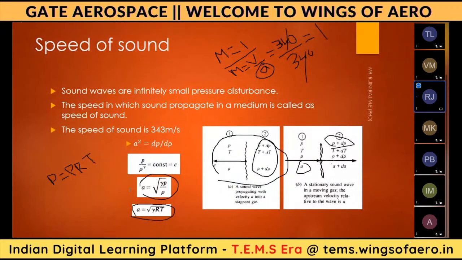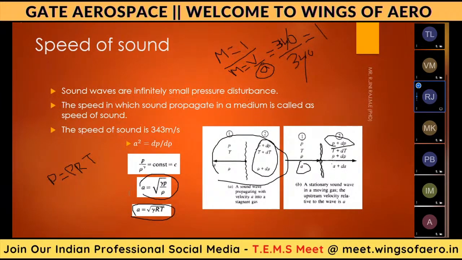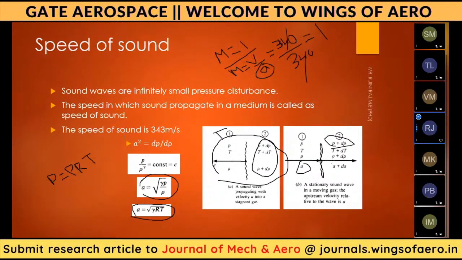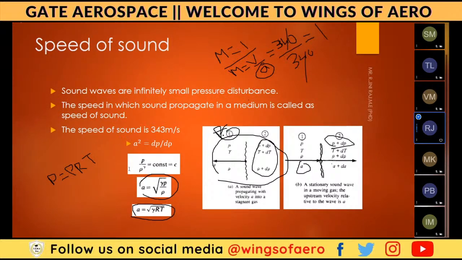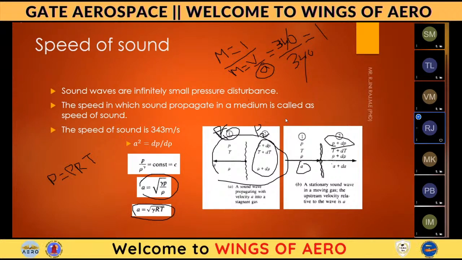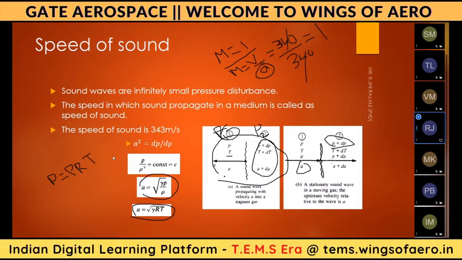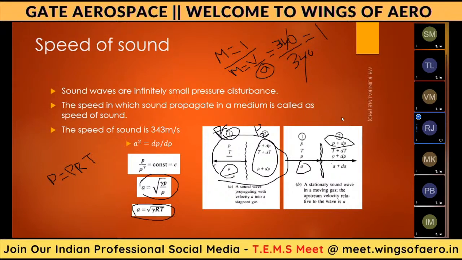So before that, the properties are P plus d rho, dP, and T plus dT. In section 1 we will consider P1, and in section 2 we consider P2. Likewise they are changing. After some time it becomes P, after some time it becomes T, after the propagation. Okay.